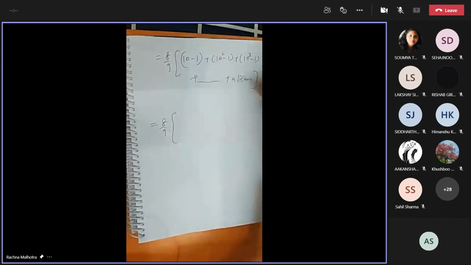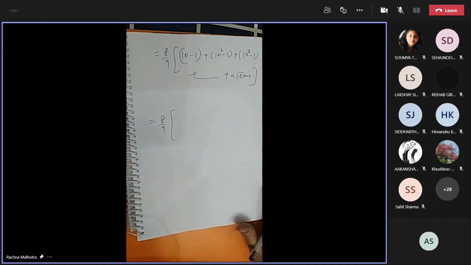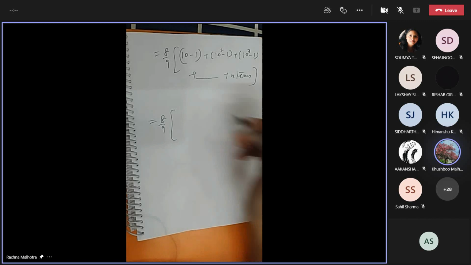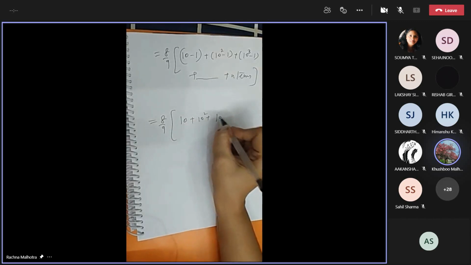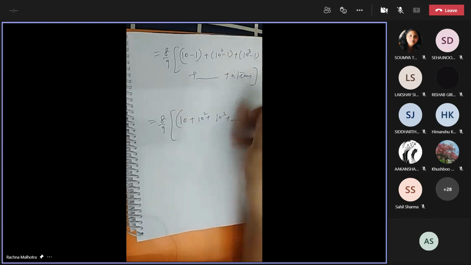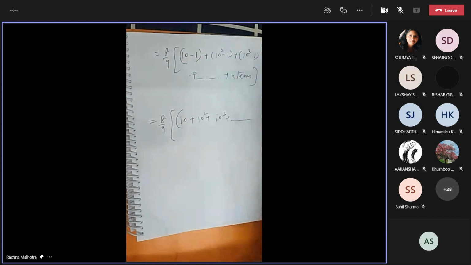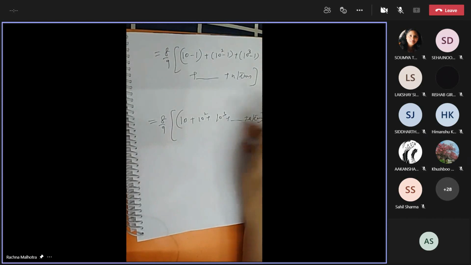Please tell me, is there any GP we are getting here after separating the terms? Any suggestion from your side? If we take out 10 plus 10 square plus 10 cube, we can separate all the terms which contain the powers of 10. So 10, 10 square, 10 cube till n terms.